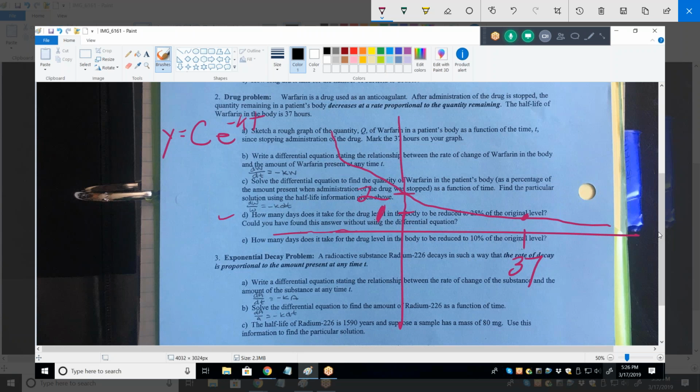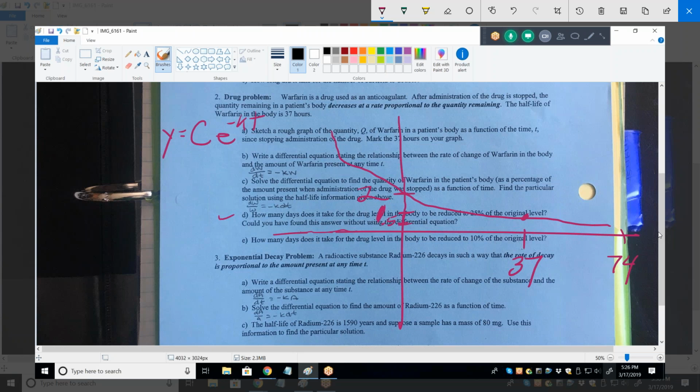Yes, exactly. Actually, 37 multiplied by 2. In other words, it's going to keep decreasing, and by hour 74, it will have decreased in half again. Right? 37 hours after it's administered, you lost 50% of it. It's going to lose another 50% in the next 37 hours.